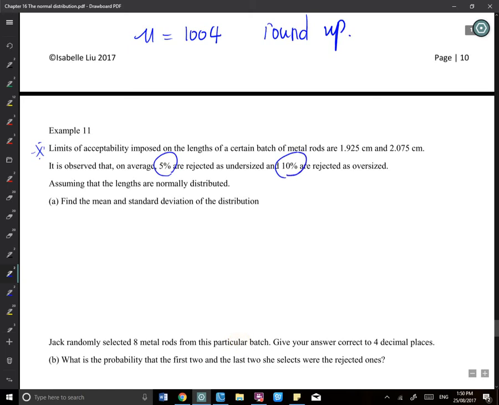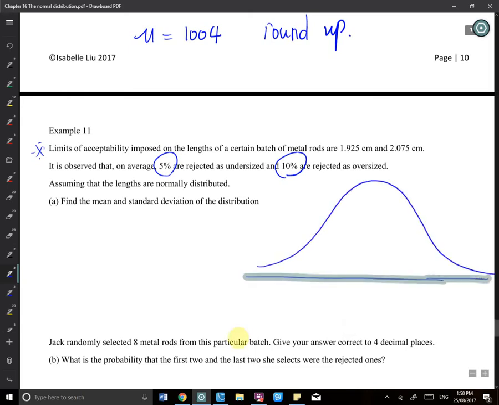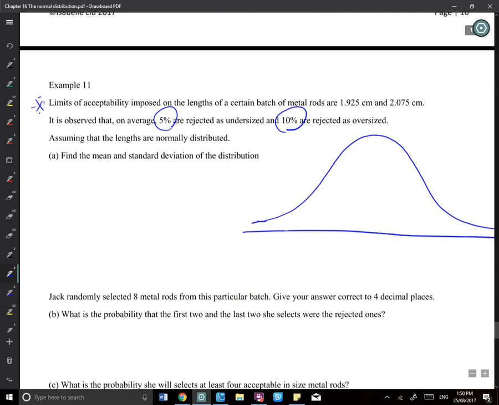Let's plot this first. 5% is undersized, that's 1.925.